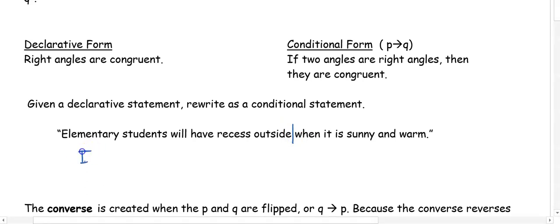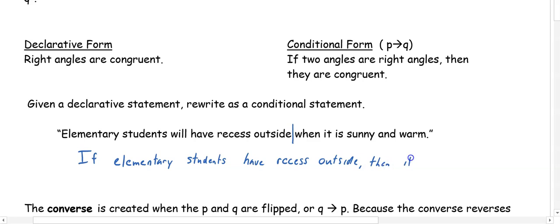So we could write if elementary students have recess outside, then it is sunny and warm.